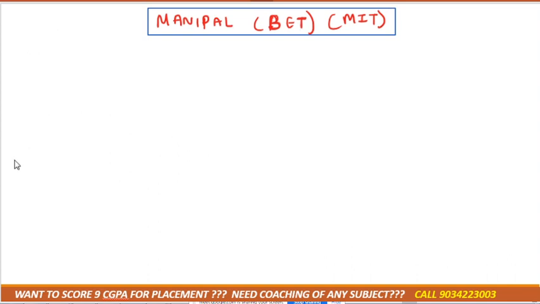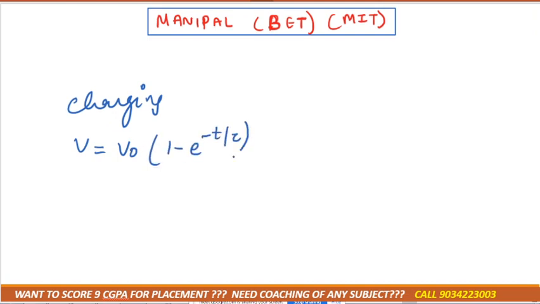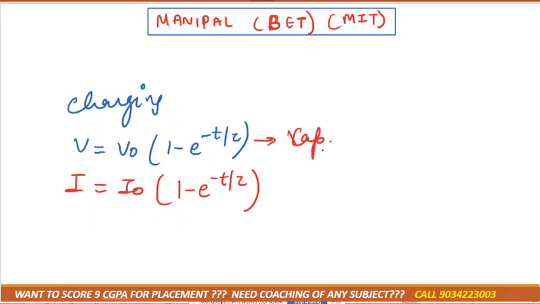Got it? And I already told you that for charging, the equation is V is equal to V naught times 1 minus e raised to power minus t by tau if you want to calculate voltage, and for current I is equal to I naught times 1 minus e raised to power minus t by tau. If you want to calculate the voltage, it should be across the capacitor, and if you want to calculate the current, it should be across the inductor, right?